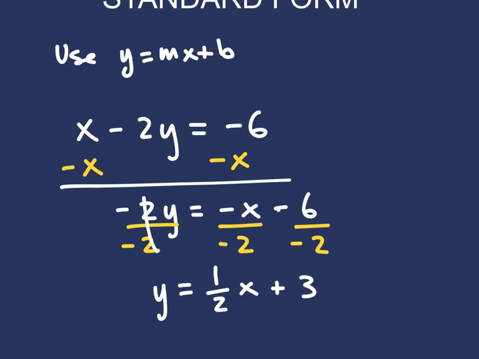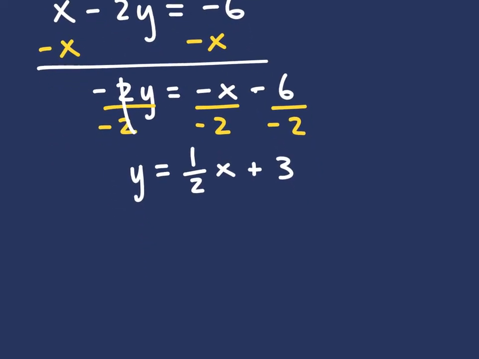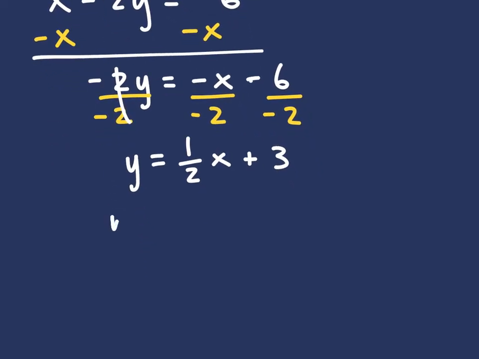So we've got y equals 1/2 x plus 3. This equation is the same thing that we would see with something that's in standard form. From here, we can graph this because we now know that our slope is equal to 1/2 and our y-intercept is equal to 3.